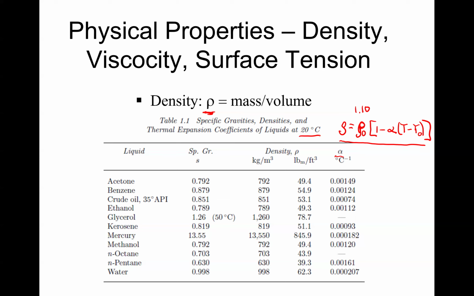T0, in the case of the values listed, would be 20 Celsius. And then the temperature T is the temperature that you are operating at. That gives you a value of rho at a temperature T. And you see that the table has these values of alpha here. Those are the values that you're going to use for the equation.